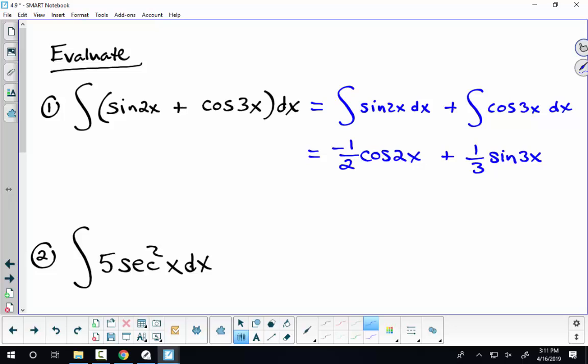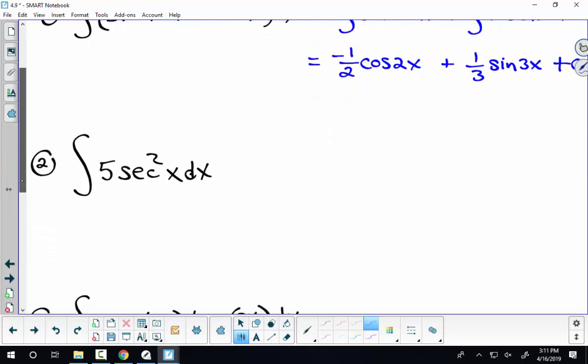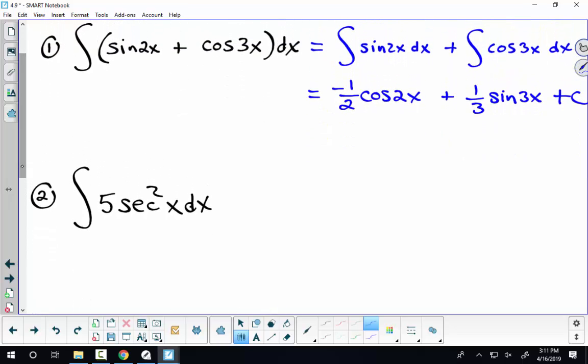The derivative of sine 3x is cosine 3x times 3, but then this 1/3 and that times 3 cancel, so we have cosine 3x. And then our constant here. Questions on that?